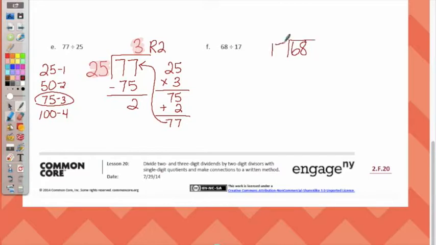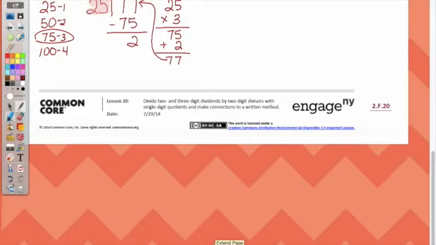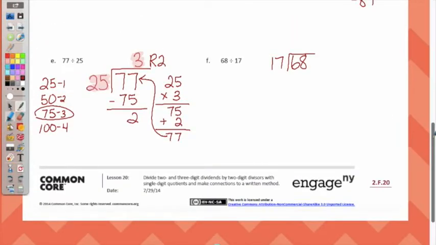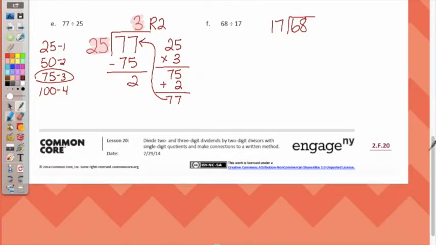On F, I don't really know how to count by 17s. So I might have to do a little adding either in my head or on paper, okay? 17 plus 17 is 34, okay? So then, just a minute, I'm just going to keep adding here.